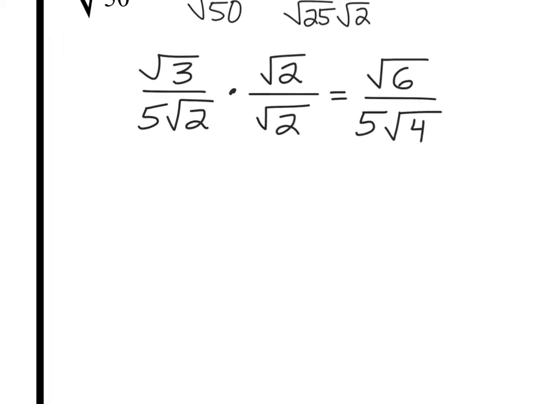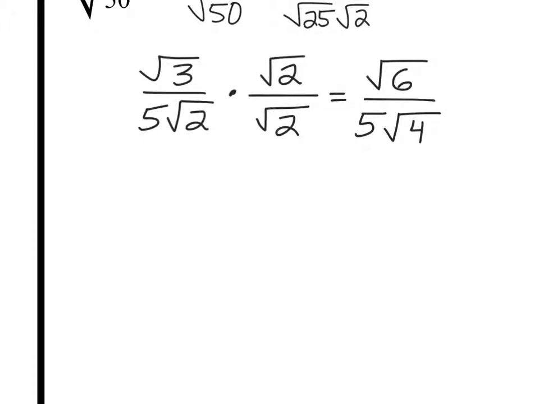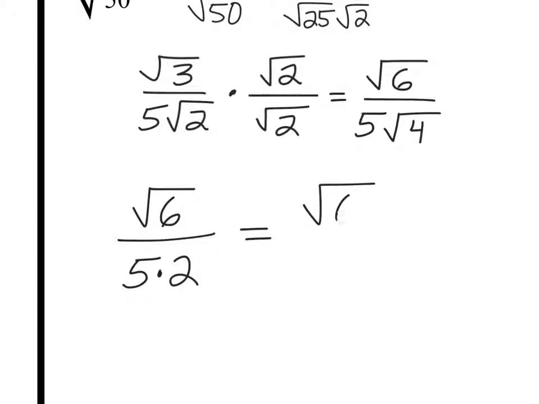Okay, you're almost done. What's the square root of 4? 2. So this is the square root of 6 over 5 times 2. So your final answer is the square root of 6 over 10. 6 cannot be simplified any further.